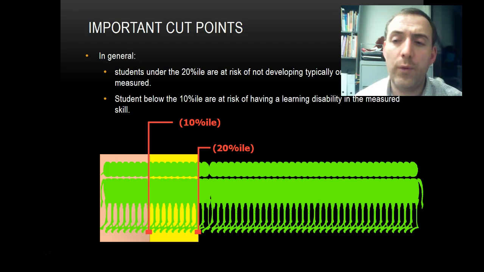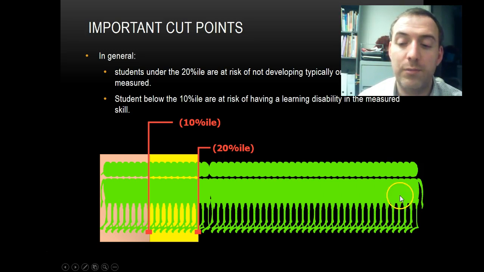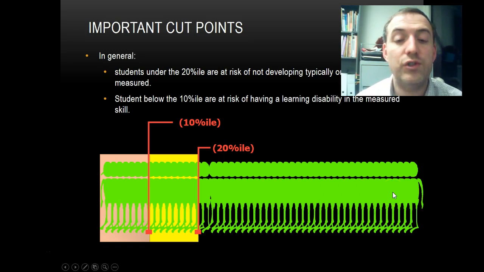So one of the ways that we think about our classrooms when we use screeners like this is to be able to quickly identify who are the most at risk, who are at risk, and who are typically developing. The other thing screeners allow us to do is identify who's at the top of our class, because that top 10%, the 90% plus group, those individuals usually don't need much of our intervention.